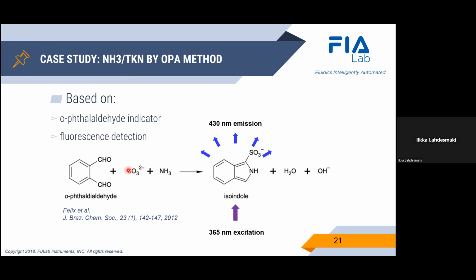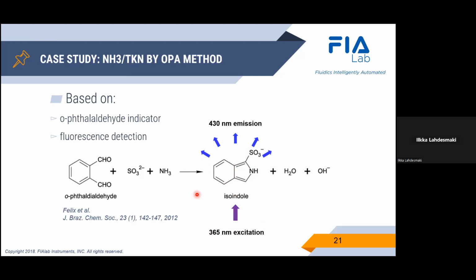The reaction between OPA and ammonia is shown here, where you have the ophthalaldehyde reagent that reacts with ammonia in the presence of sulfite, generating this fluorescent compound that we can now measure by shining UV light on it and measuring the blue glow that this compound has when it's being illuminated by UV light.